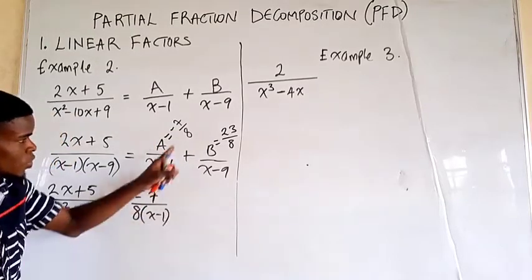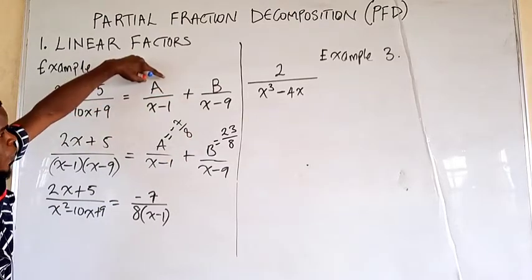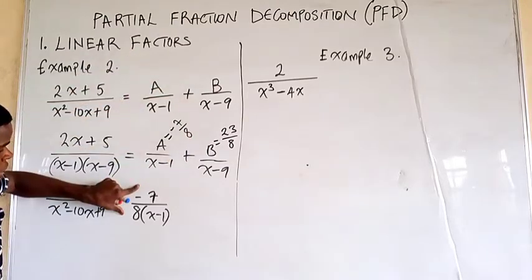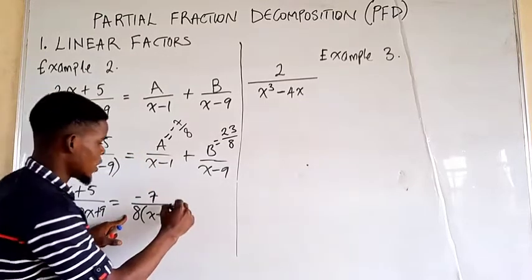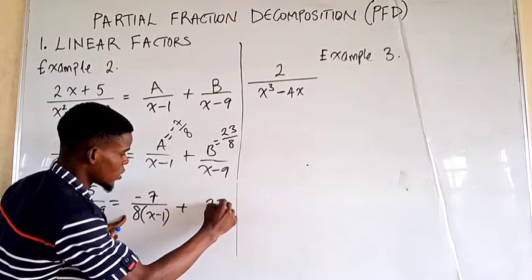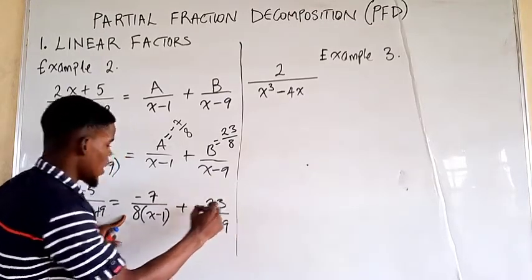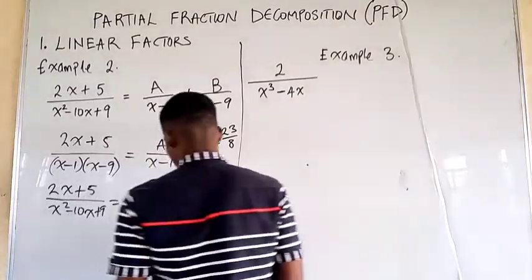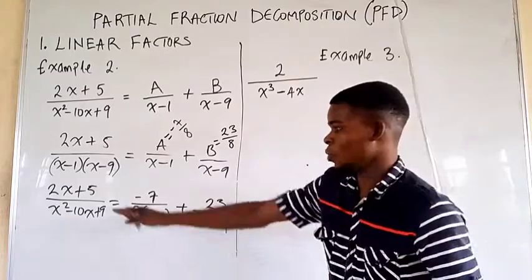So you substitute negative 7 over 8 in place of a. Then that 8 can come down like this. You add it with 23 over 8 times x minus 9. And this sum of two fractions here is a partial fraction decomposition of that.